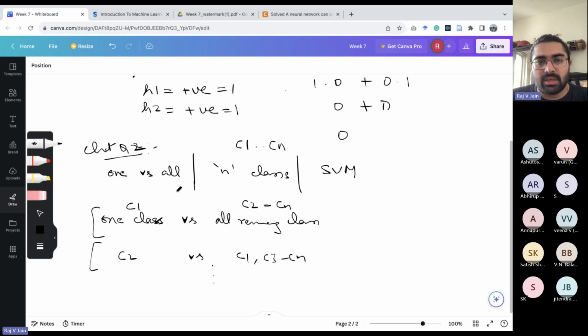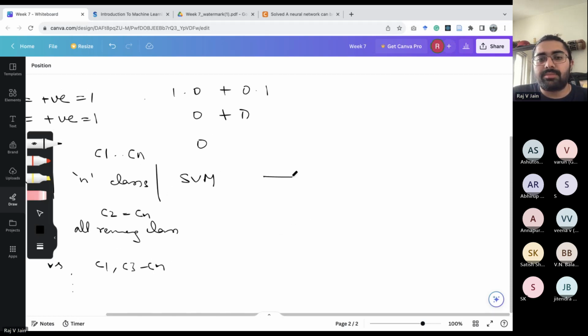Let's cover that question as part of a similar thing. We covered this also, I think, in the last section. Anyone? One versus all is one approach. What could be the other approach?